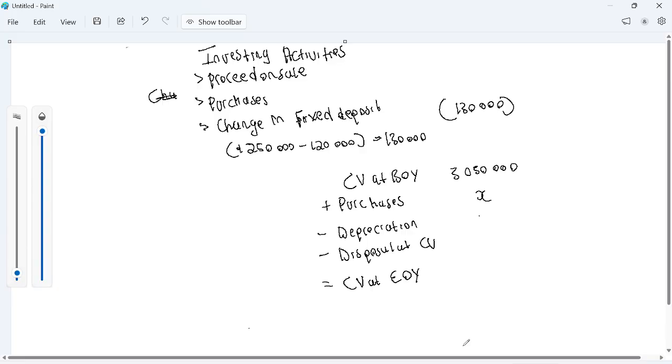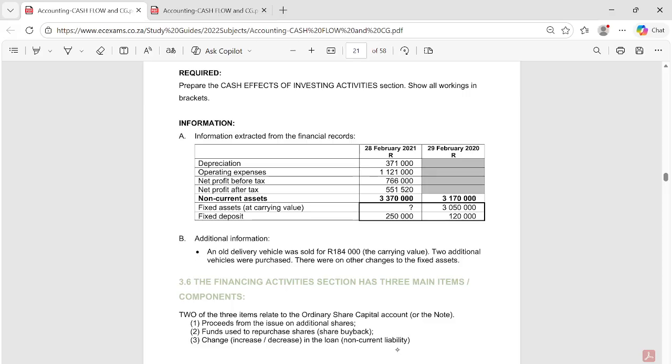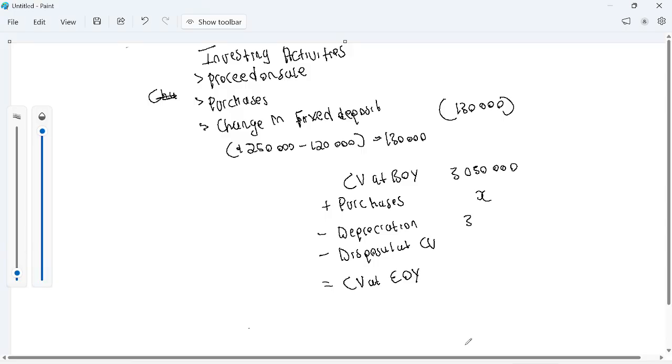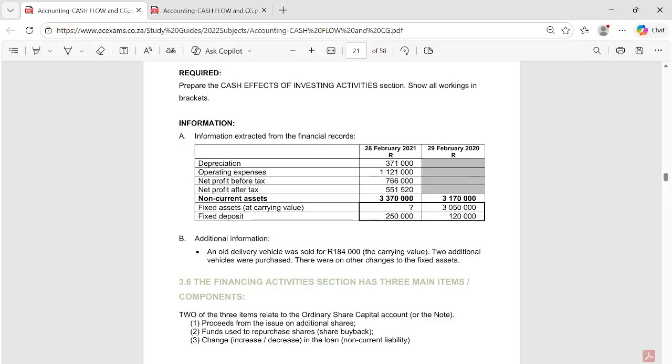Do I have my depreciation for the year? Yes, I have, which is 371,000, right? Which is gonna be negative. Now, do I have my carrying value at the end of the year? Let's look, guys. We have total non-current assets. We have fixed deposit. So this plus this gives me this.